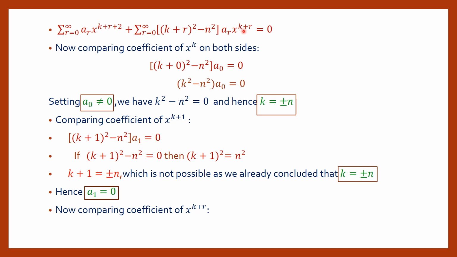In the first summation we will get the coefficient of x power k plus r as a r plus 2, plus in the second summation we will get k plus r whole square minus n square into ar, which is equal to 0, because on the right side there are no terms and it is 0.